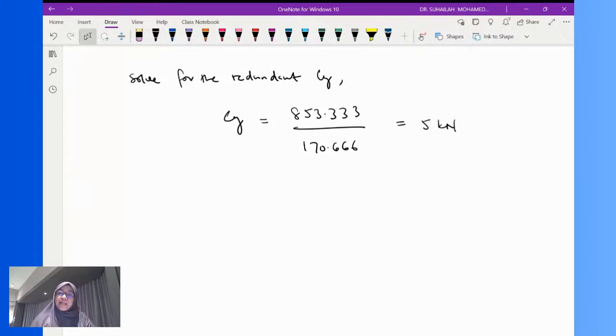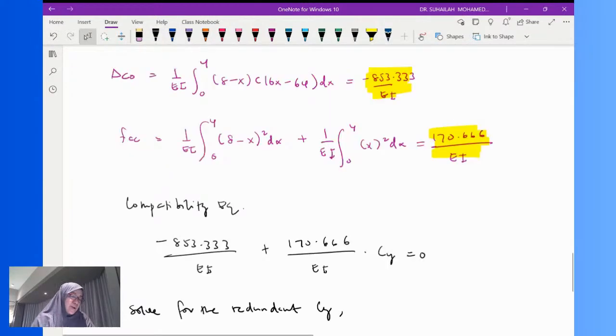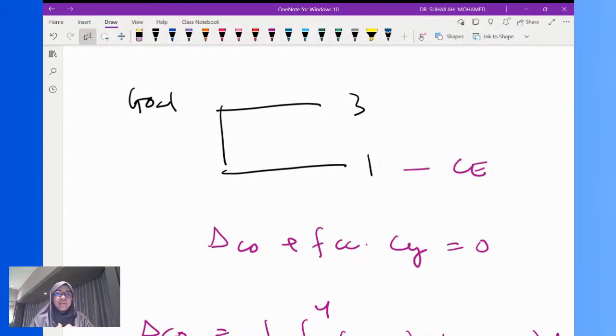So what is the next step after getting the redundant? That is where we have to go back to the goal. When the redundant has been determined, we have to determine the remaining reactions.